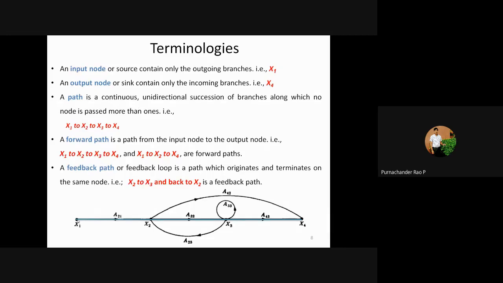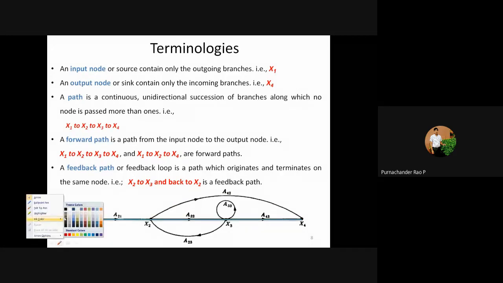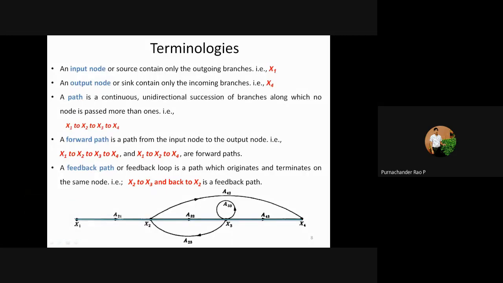So when you start from the input node x1 and move to the output node x4, you should reach the output node only once. You should not traverse the same node twice. So that is called a forward path.